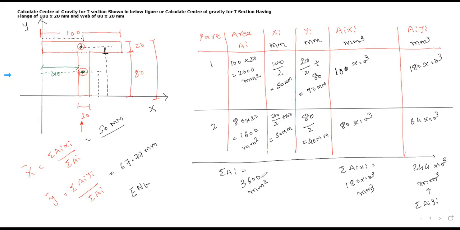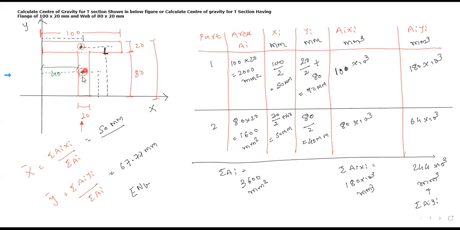Okay, chaliye. Now we need to represent this distance in our geometry. We have already discussed what x is. X is nothing but the distance from the reference y axis, that is, your center of gravity with respect to y should be located about 50 mm away from the y axis, and in the y direction about 67.7 mm from the x axis.